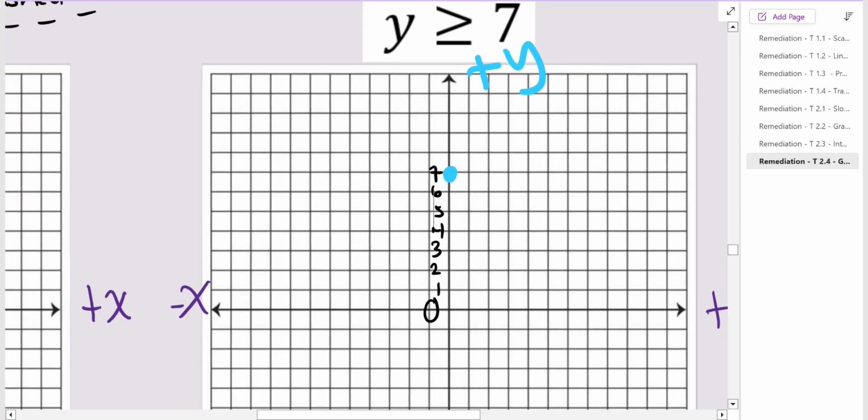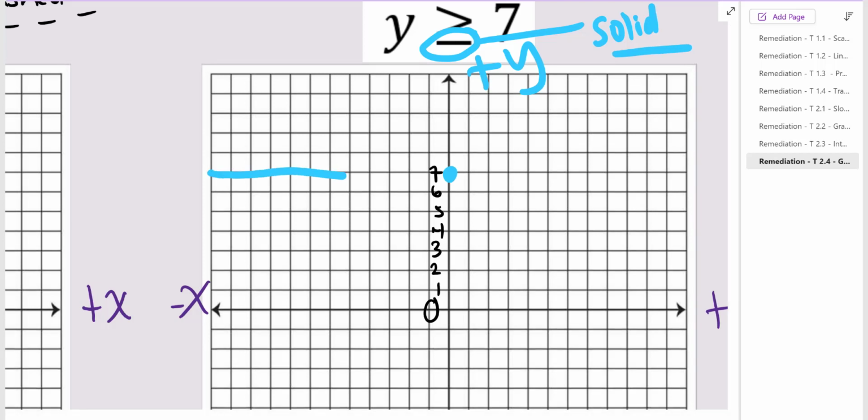Okay, because there's a line under the symbol, porque hay una línea bajo el símbolo, this means that the line is solid. Okay, so see how there's that line? That means the line is solid. Es una línea sólida. So we're going to draw a solid line.